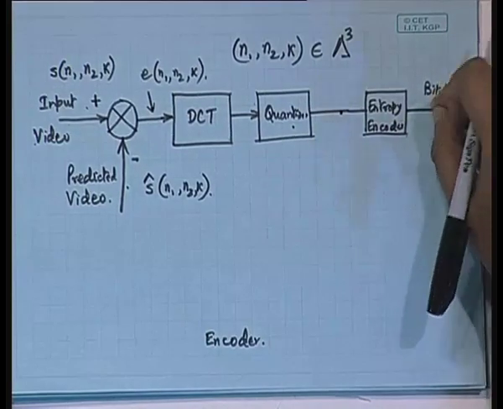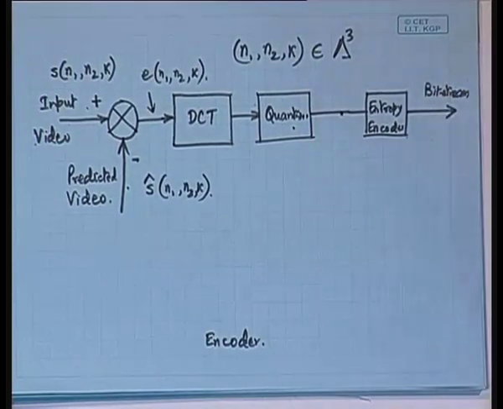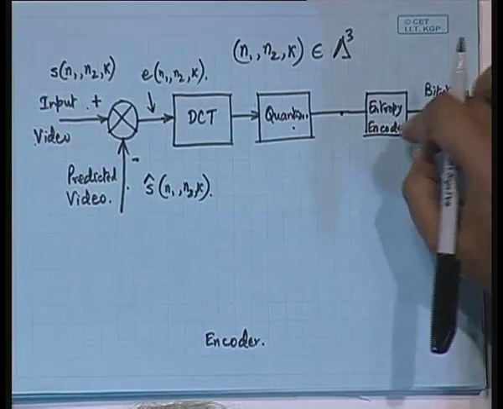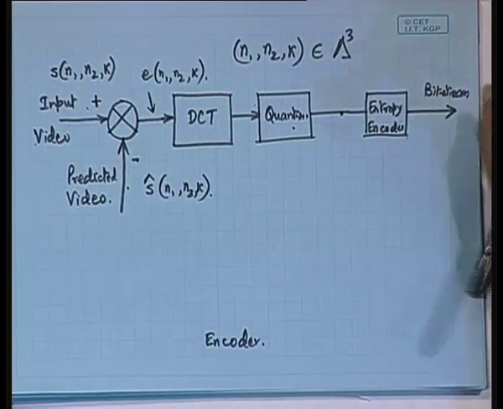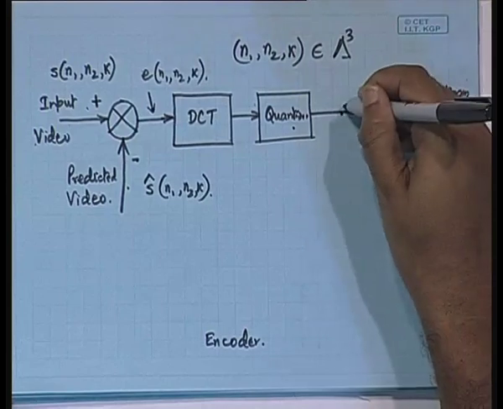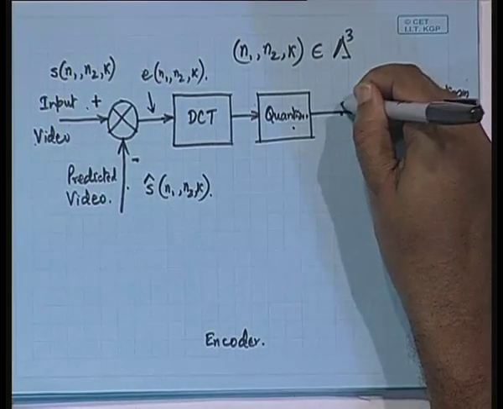What the decoder is going to have is only this encoded information. By a process of entropy decoding, because entropy encoding is a lossless process, at the end of entropy decoding the decoder gets back exactly what you have over here.